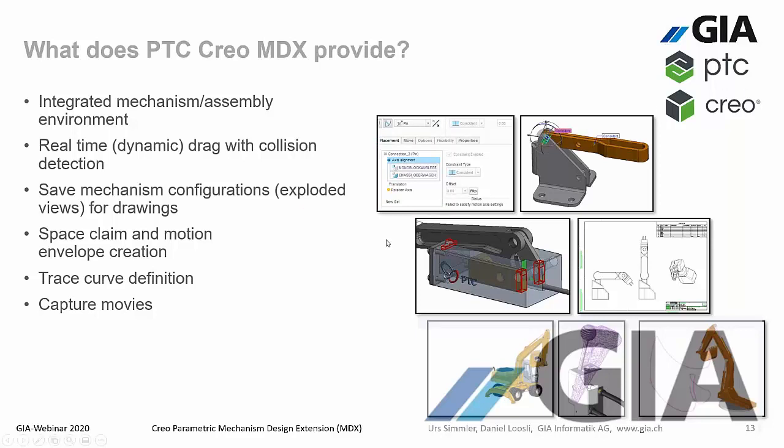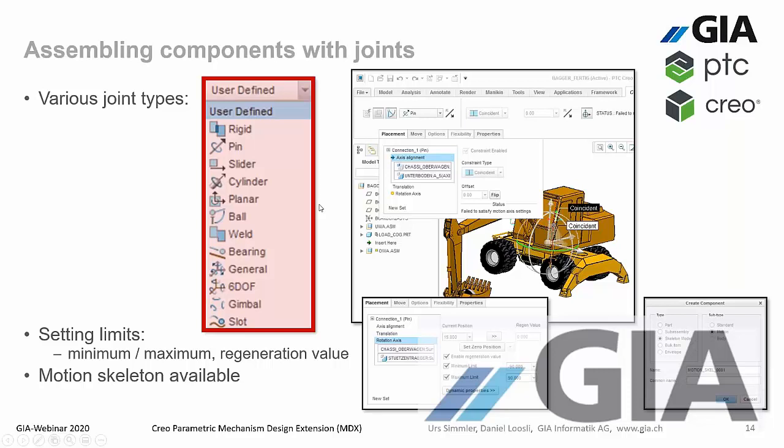You can move your component, you can drag your component, you can save your exploded states, you can bring it to the drawings, you can create some motion envelopes, trace curves, and of course you can see the movement, the kinematic behavior of a component. You can create some movie to explain the functionality of your mechanism.